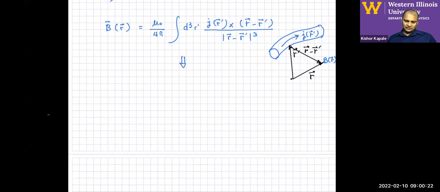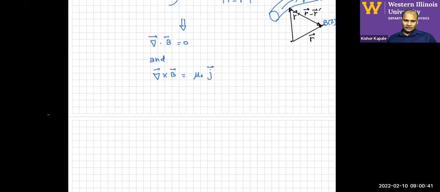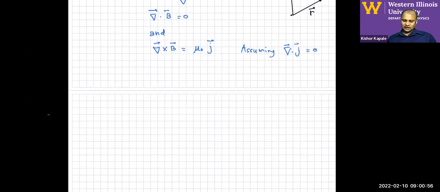Okay, and so with this, again, using the properties of the del operators that we saw earlier, this leads to the other two Maxwell's equations, which is divergence of B equal to 0. And you're going to be able to prove that, and curl of B is equal to mu 0 J, the current density. And here, of course, we're assuming that divergence of J is equal to 0. This is the electrostatic condition, right?